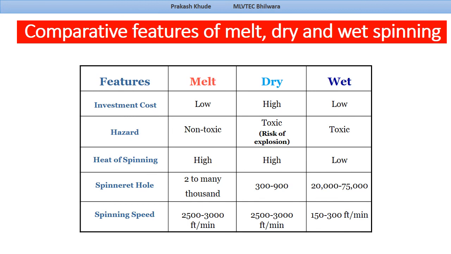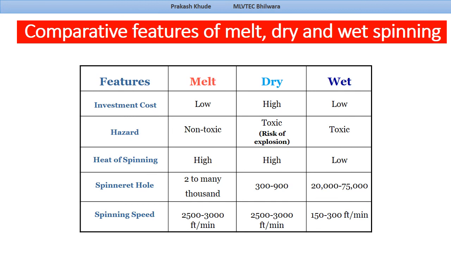So till now we have discussed all the spinning systems, the different components, how the spinning takes place, and what different fibers can be produced. Melt spinning requires a polymer that does not undergo thermal degradation, such as polyester, nylon, polypropylene, polyethylene.